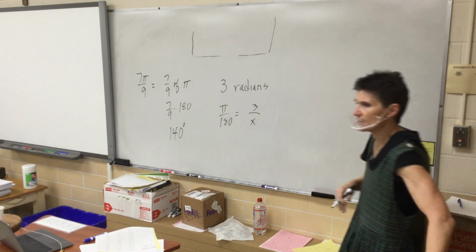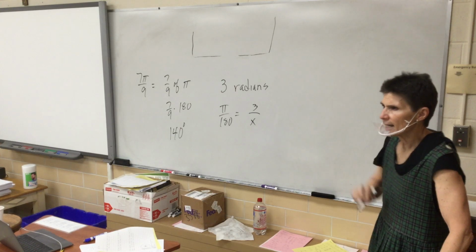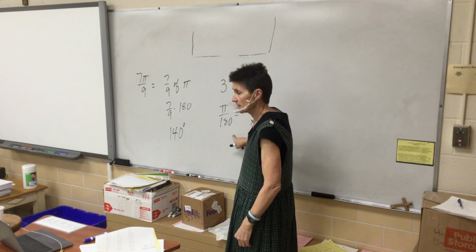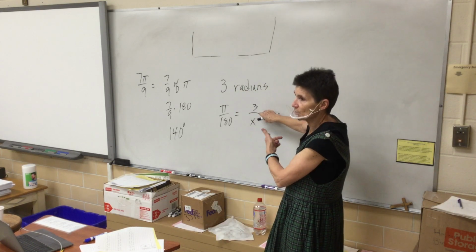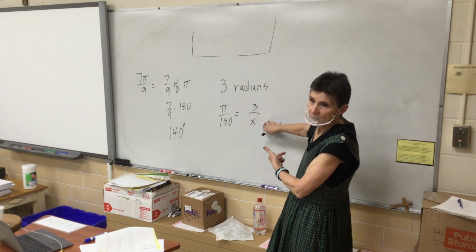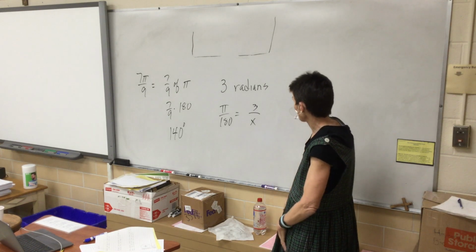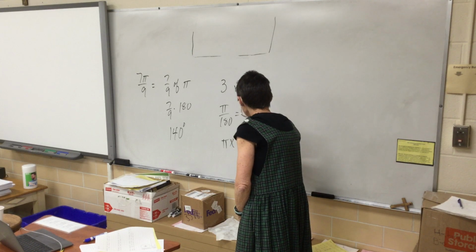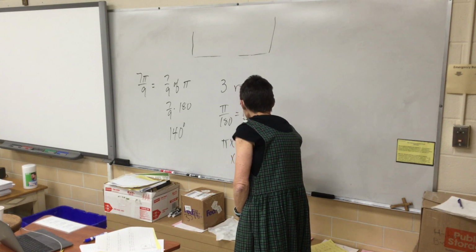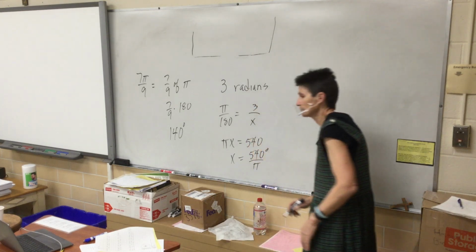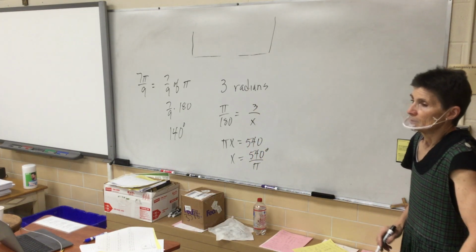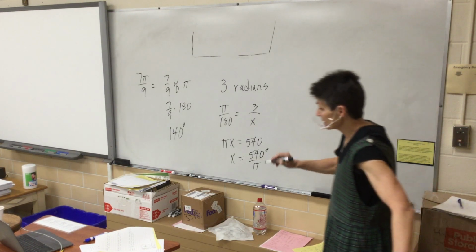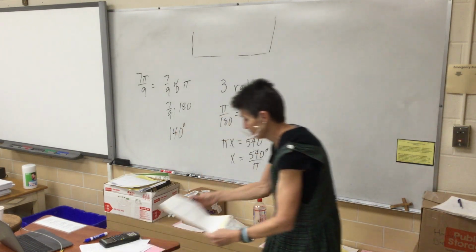Why do I have it in the denominator now? Because you're finding the radian. Exactly. This is pi radians in 180 degrees. So whatever I put over here has to be radians over degrees. Okay, so pi x equals 540, and x equals 540 over pi. And that's my exact answer. It's not pretty, but that's the exact answer.